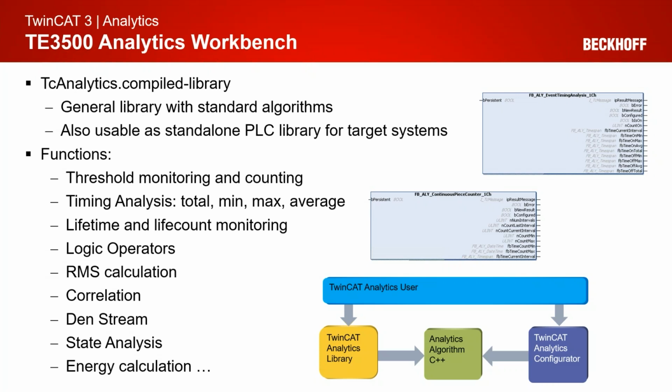Furthermore, we will add functionalities from other libraries. So not only the TC Analytics library will be in use in the Analytics Configurator. In the future, we will also have the power monitoring library, the filter library, for example, and our condition monitoring library is also a topic to integrate into the TwinCAT Analytics workflow and into the configurator tool.